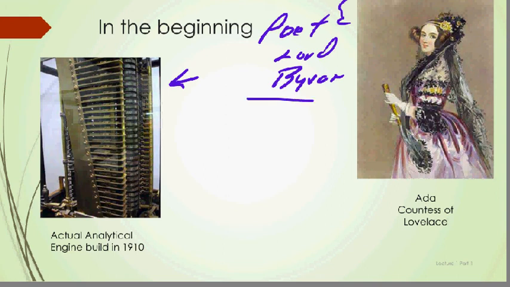But anyway, Ada, Countess of Lovelace, and Charles Babbage struck up a relationship, and they wrote each other frequently. And in the letters that Ada wrote to him were some detailed instructions, or programs, to make the analytical engine work. Ada, Countess of Lovelace, in other words, was the world's first programmer.